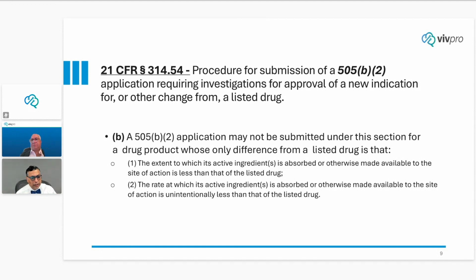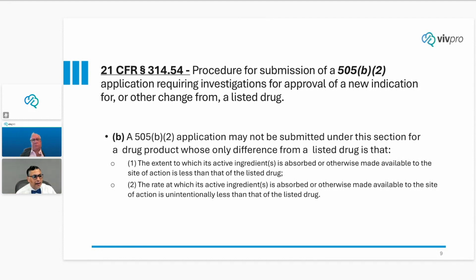So, Dr. Maroom, let me give you a hypothetical example. Let us say there is a drug that is given twice a day, immediate release, but then the 505(b)(2) sponsor considers an extended release to make it once a day.